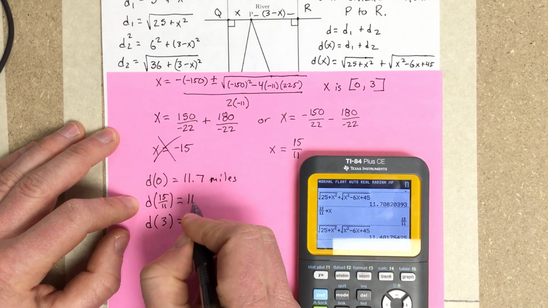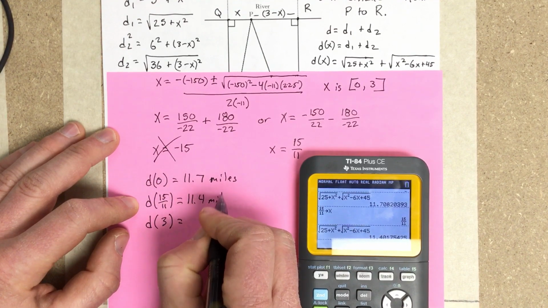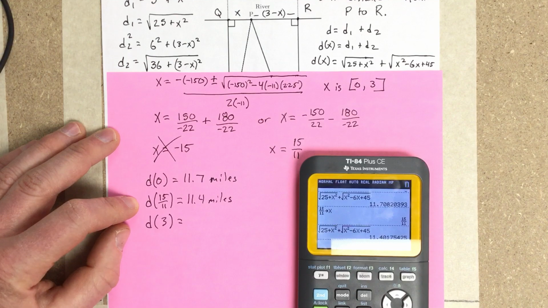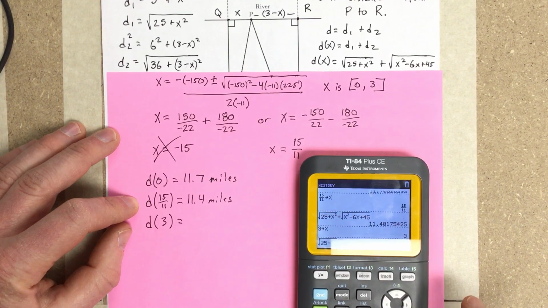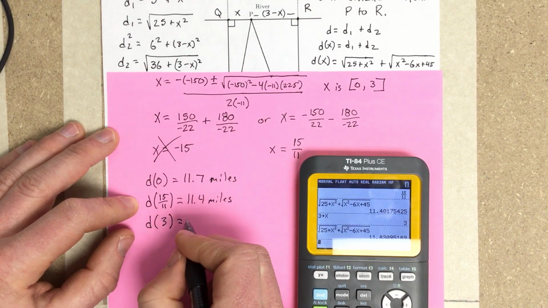That's 11.4 miles. And then now let's do the 3. We get 11.83.